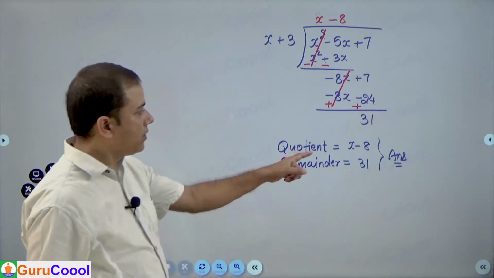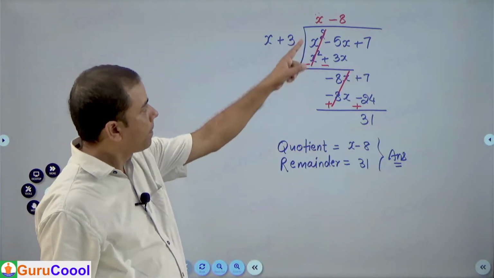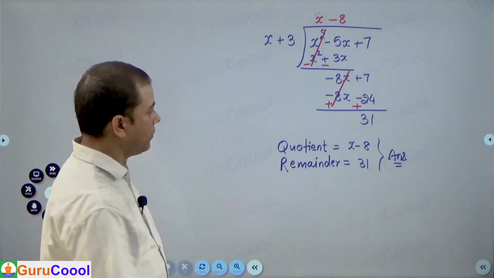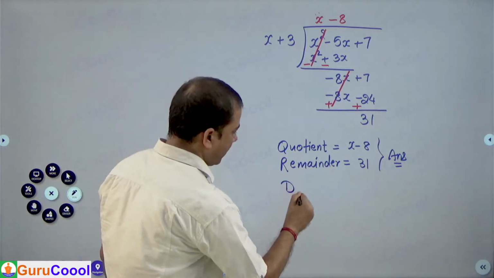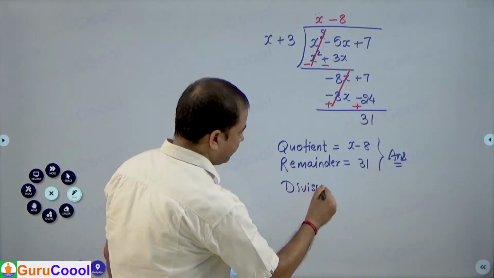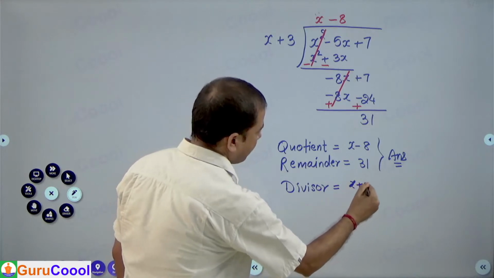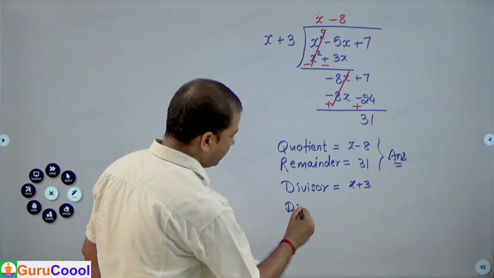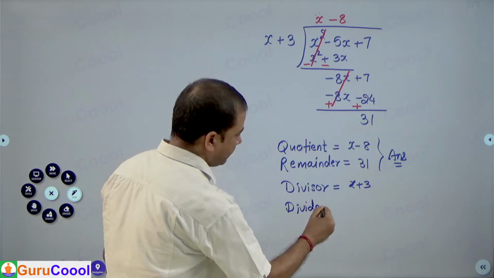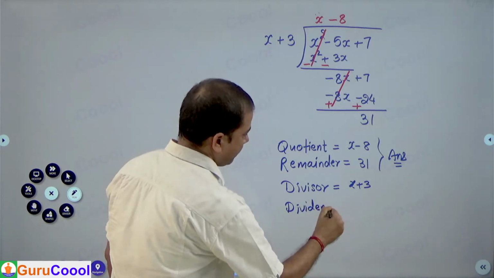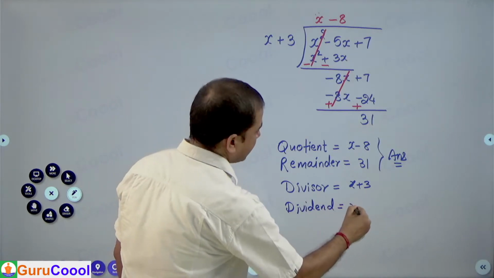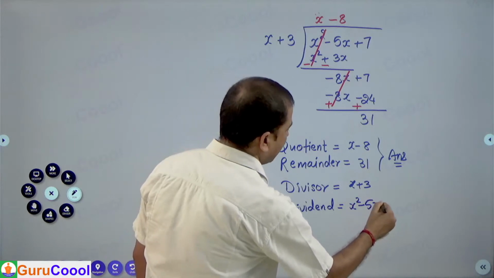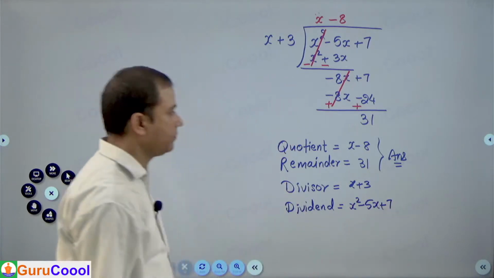So we have quotient x minus 8, remainder 31, divisor x plus 3, and dividend x square minus 5x plus 7.